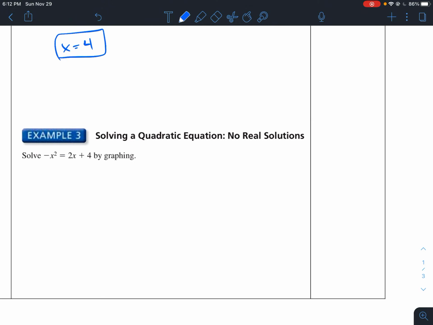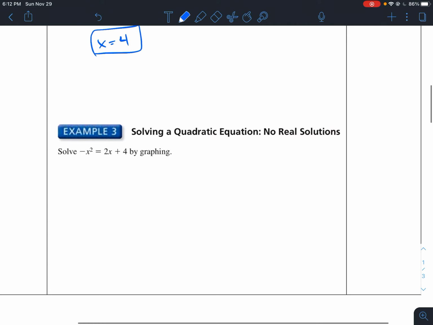Now looking at this one, we're going to actually solve this in two different ways. So this one says that it should have no real solution. So let's see what that one looks like. So we want one side of the equation to be equal to 0. What I'm going to do is add an x squared to both sides so that my x squared is positive.